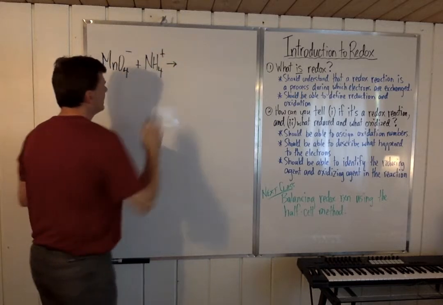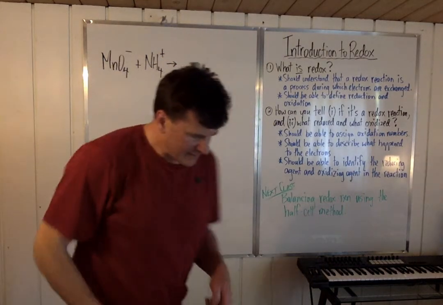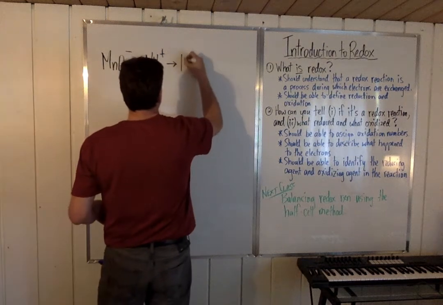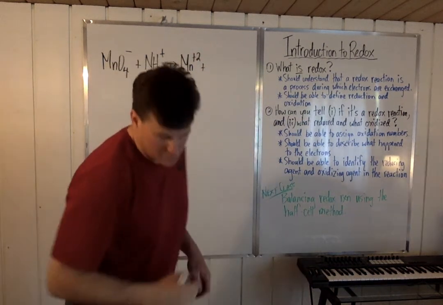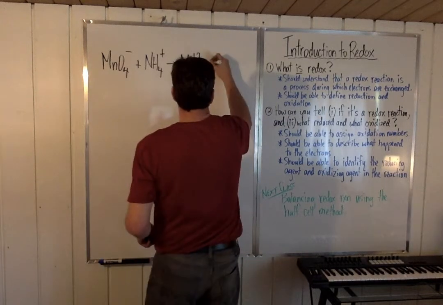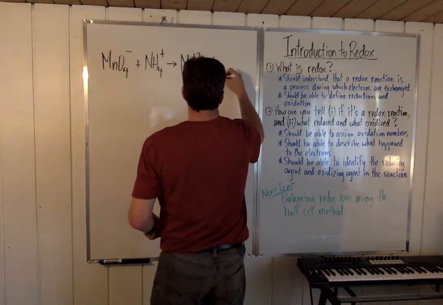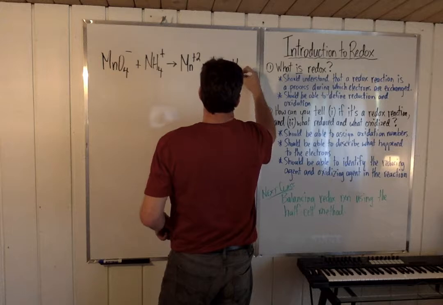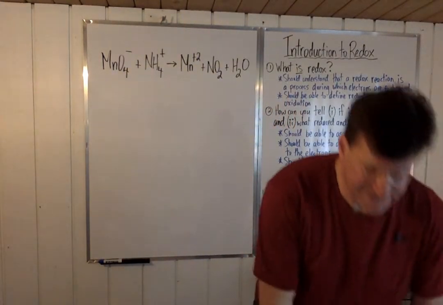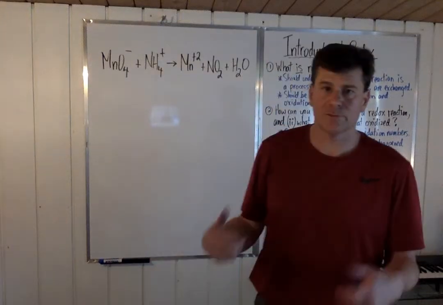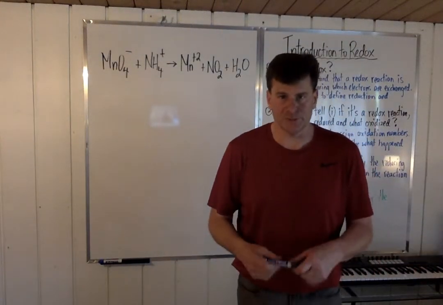We're going to react it with ammonium, and we're going to make manganese plus 2 plus NO2 plus H2O. Okay, so did a redox occur, and which atom oxidized, which atom reduced?